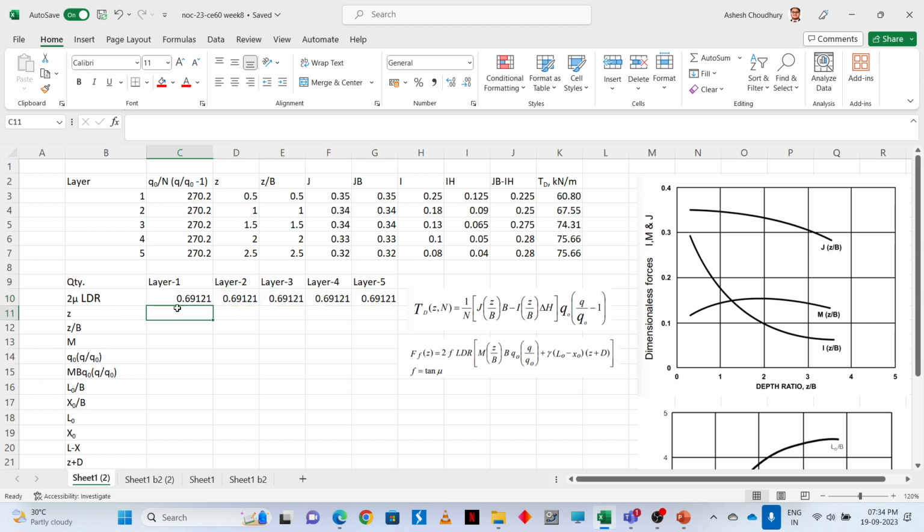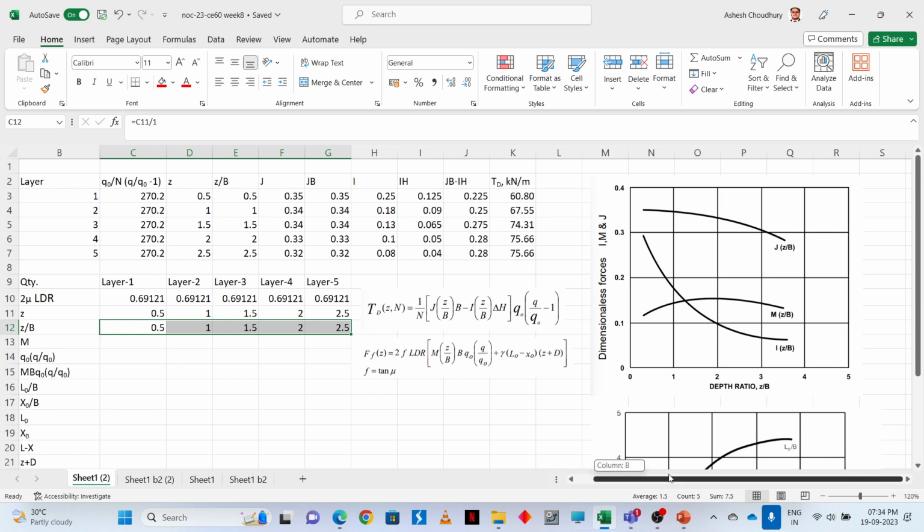Next is Z, which is again the same: 0.5, 1, 1.5, like that, up to 2.5. Then we have Z by B. Now for these different Z by B's, we need to get this M value from here.